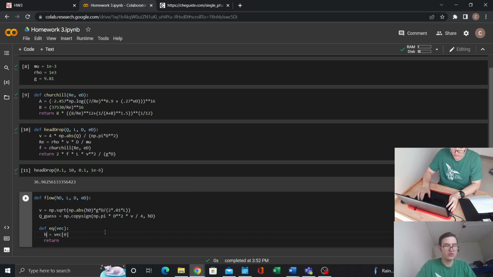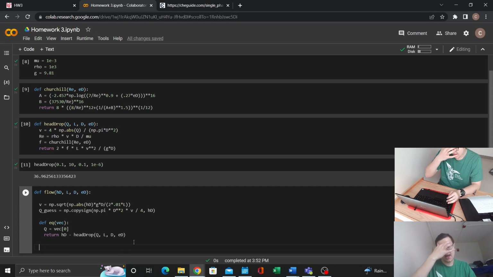Actually, no, this is Q. Yes, because we're going to be changing our Q here, so that we return head drop HD minus our head drop equation, given Q, our length, our diameter, and our roughness. Oops, let me check here. Good. So now that we have that, we can return a root function.